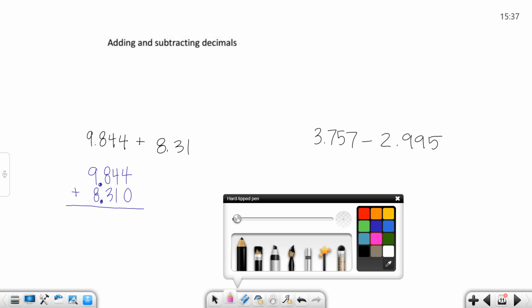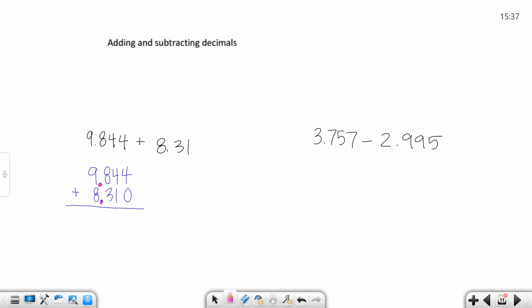I'm going to use a different color. So the two decimal places line up, and also the one in your sum, it's going to line up as well. And then you just add them. So this would be 4, this would be 5, this would be 11, so I carry, and that's 17 plus 1, which is 18. So my answer is 18.154.